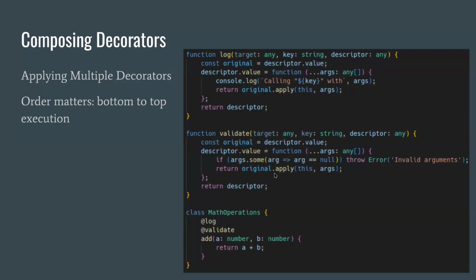So for instance, in this example, the validate decorator will execute before the log decorator. And this order allows decorators to build on each other, creating a layered approach to adding functionality.